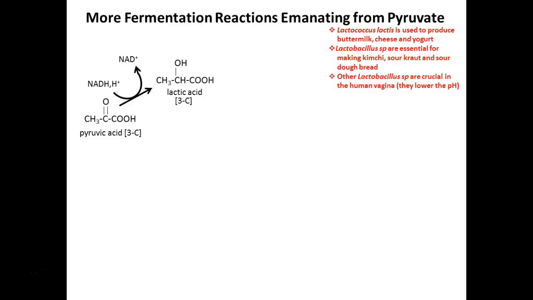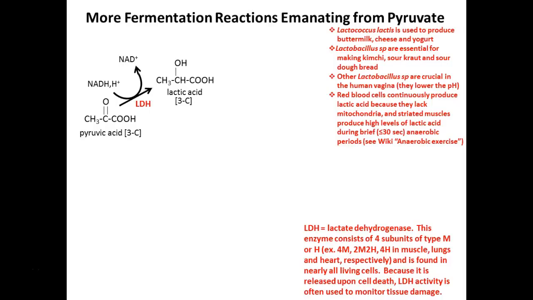Other lactobacilli are crucial in the female vagina for maintaining, again, that acidic low pH, which will help keep yeast under control. Our red blood cells actually lack mitochondria, and they produce high levels of lactic acid. Lactate dehydrogenase, right, is an enzyme that breaks down lactate.